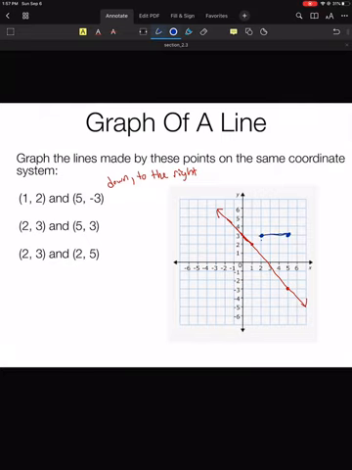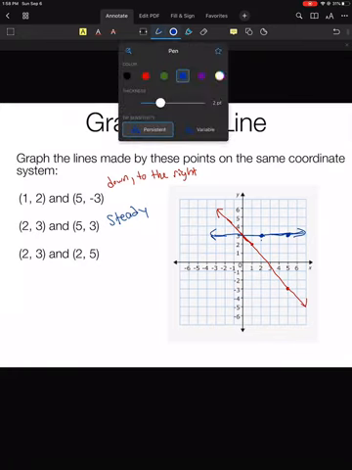Again, it is the line that goes through those 2 points and looks like this. That's a horizontal line, slope of 0. It doesn't go up or down, it just keeps the same y value for all different x values. I'll say steady for that one.